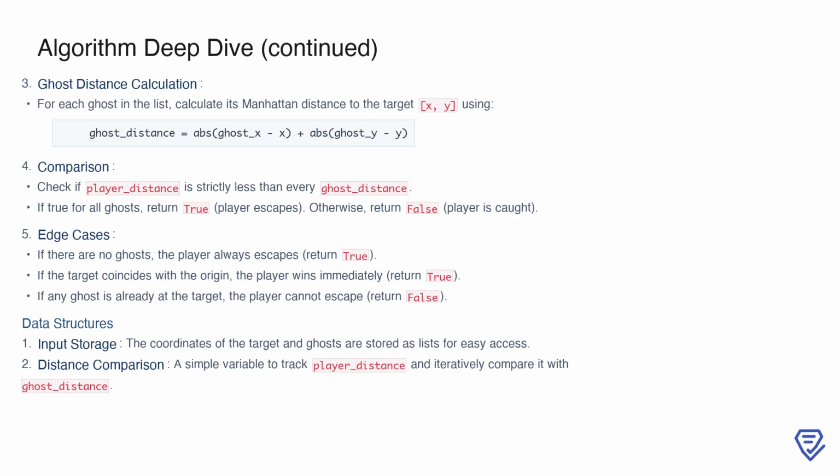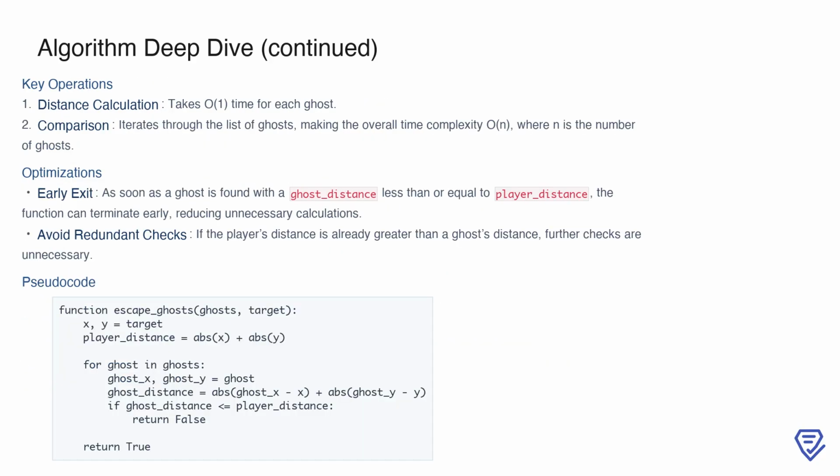If there are no ghosts, the player automatically escapes. If the target coincides with the origin, the player wins instantly since they are already at the target. Lastly, if any ghost is already at the target, escape is impossible because the ghost has effectively blocked the destination. The algorithm involves 2 main operations: calculating distances and performing comparisons.